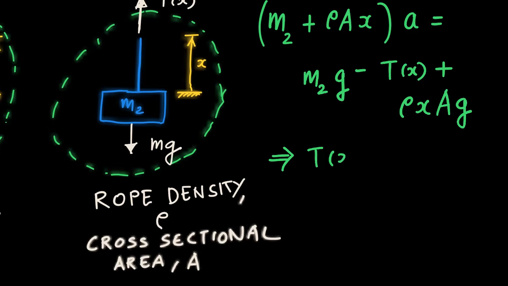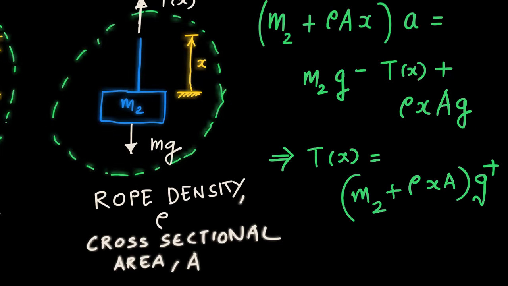From this expression, if we write down an expression for T of x, we will end up with (M2 plus rho A x) times g minus (M2 plus rho A x) times a. This expression clearly tells you that the tension along the string is no longer uniform. It is varying as a function of x.